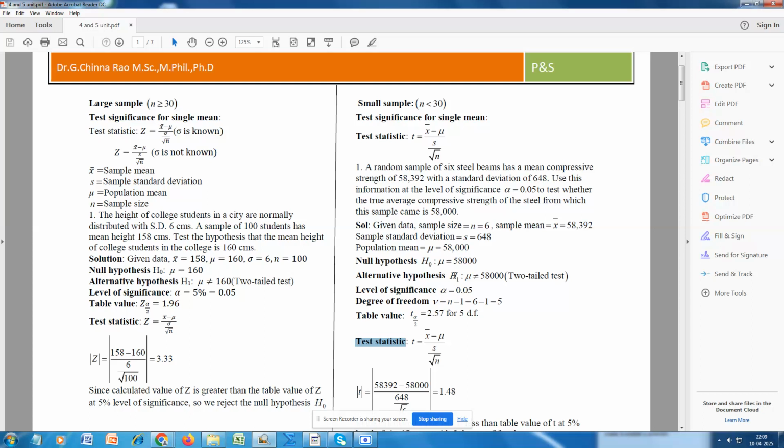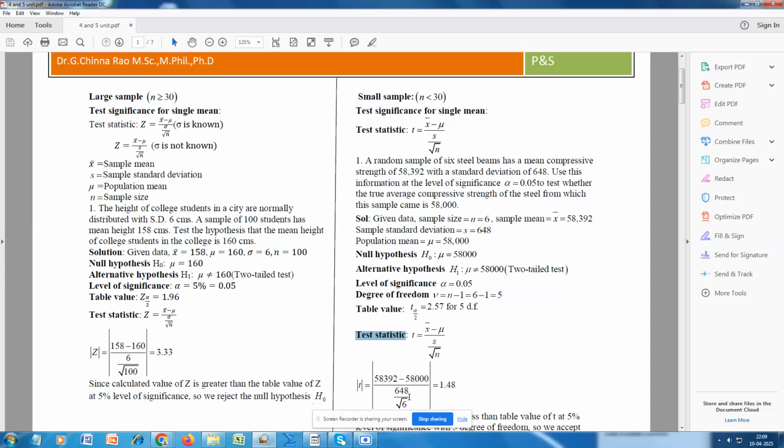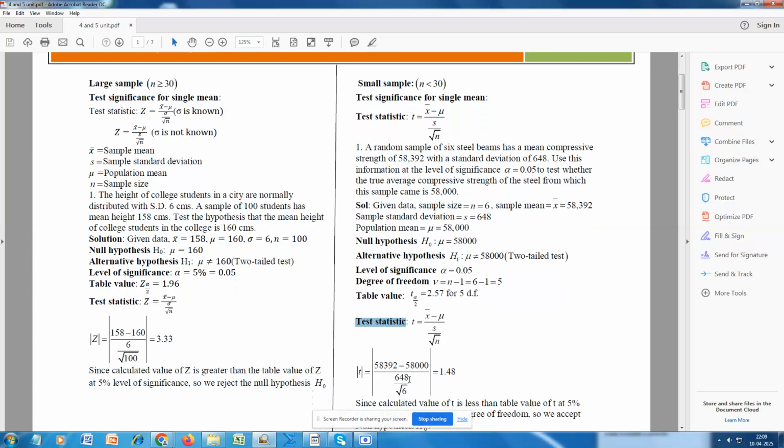X bar, the sample mean, is 58,392 minus population mean 58,000 by 648, that is the sample standard deviation, by root n, where n is 6. Now simplify this, and we get the final answer 1.48.